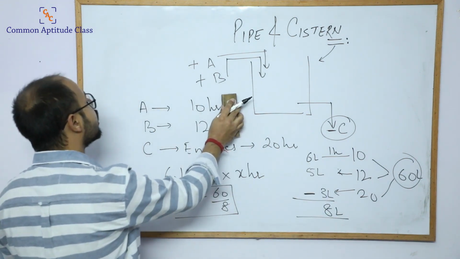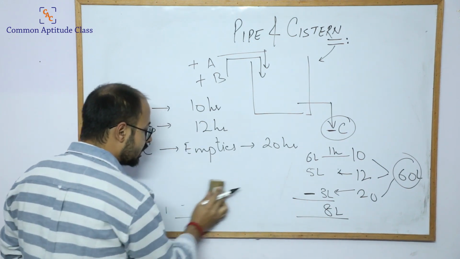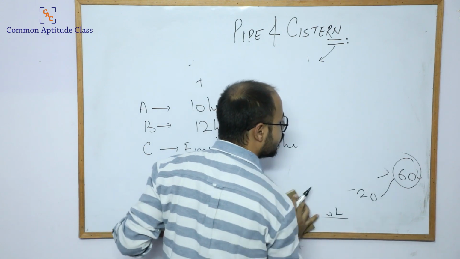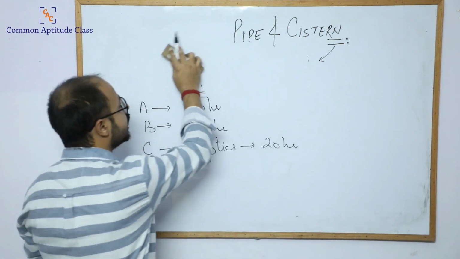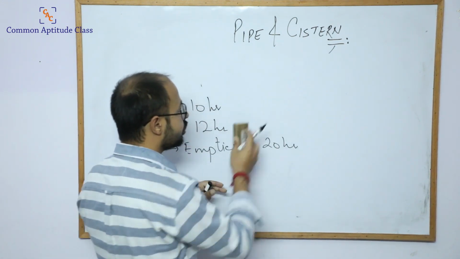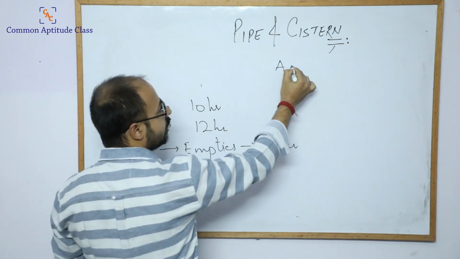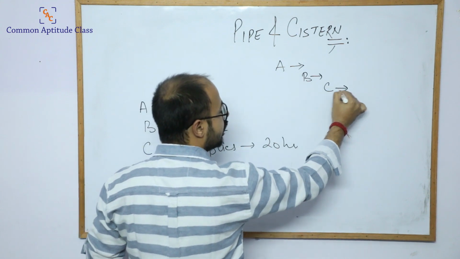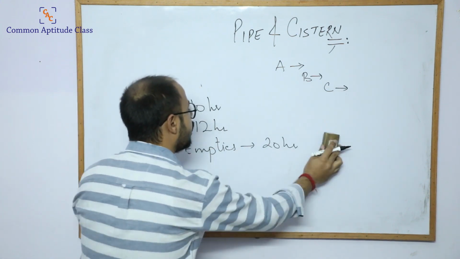Now second, if they are working alternately, we will go the same way. If these taps are open and they start working alternately, then for the first hour A will fill, for the second hour B will fill, for the third hour C will work. So I will write the timing.